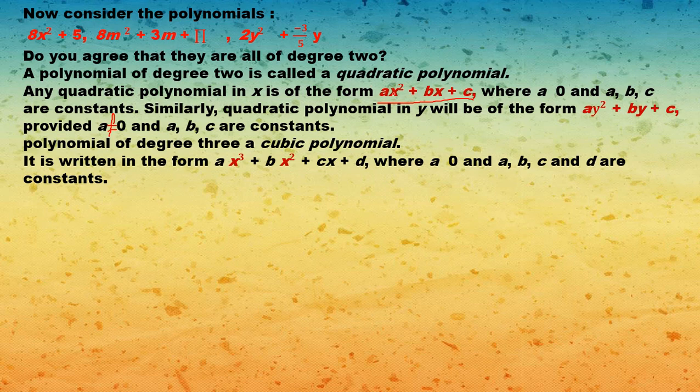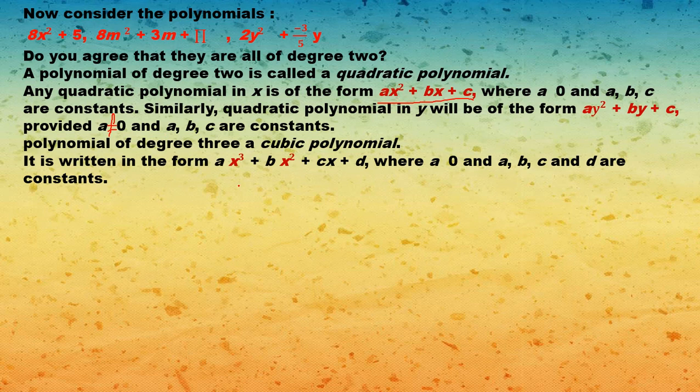If the exponent x square is there and a is 0, then 0 into x square is no value, leaving bx plus c, so it will not become a quadratic polynomial as the coefficient of x square is 0. So it is compulsory that a is not equal to 0, whatever the numerical value associated with x square, it will not be 0.